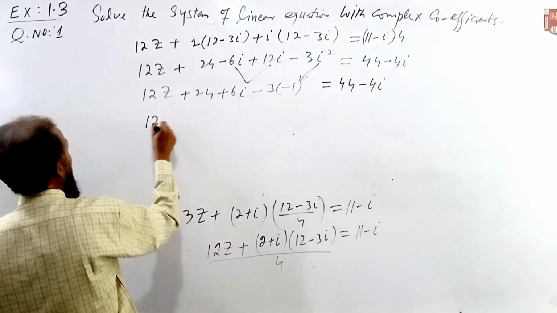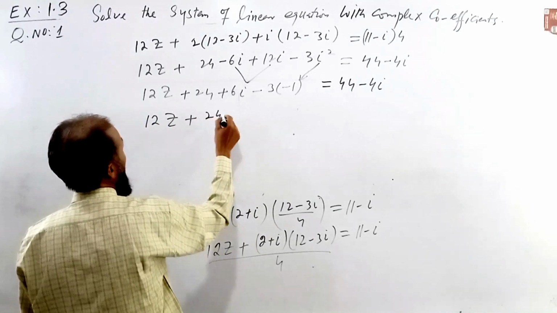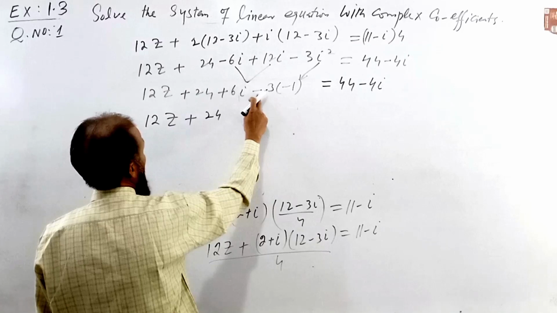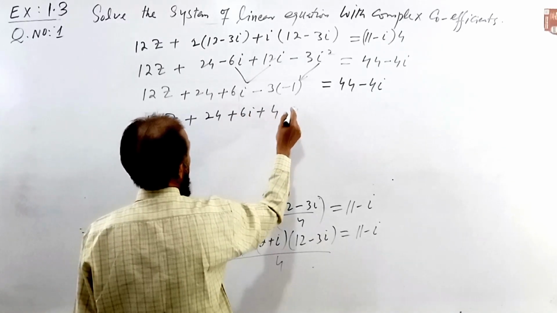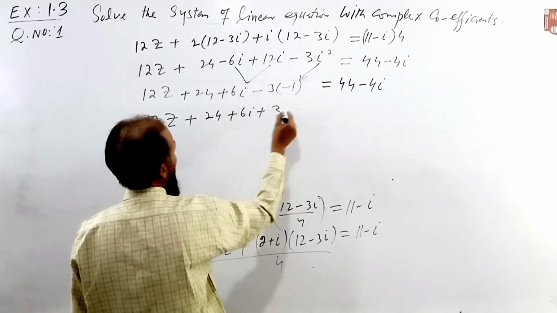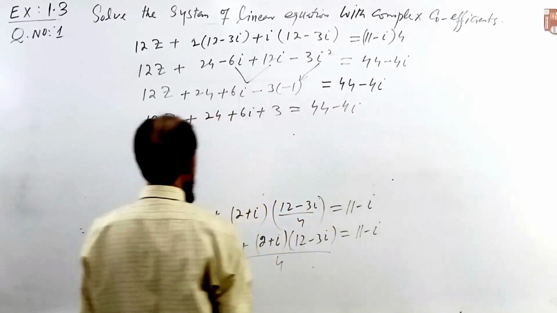12z plus 24 plus 3, minus 3 into minus 1, plus 6 iota, is equal to 44 minus 4 iota.